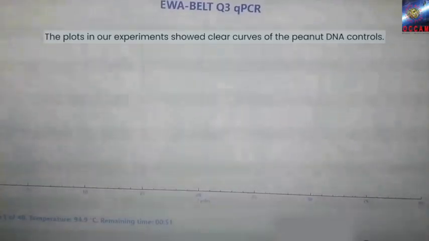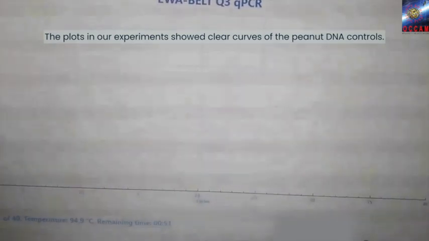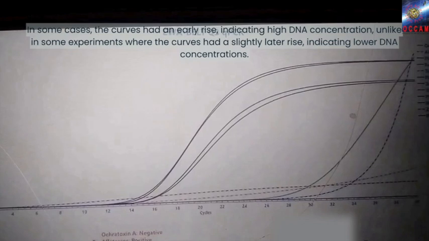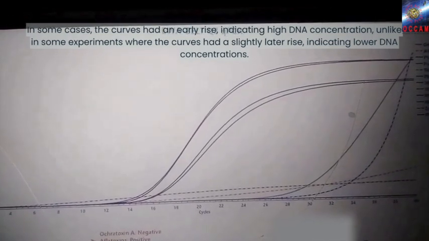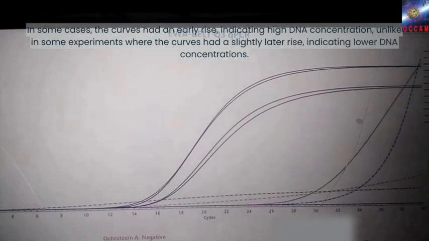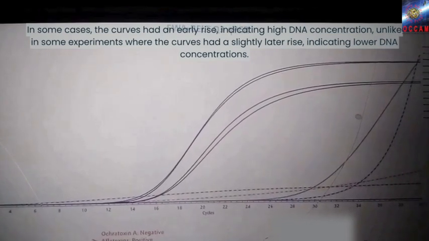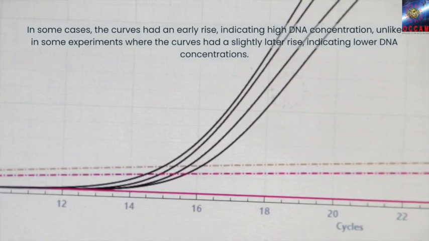The plots in our experiments showed clear curves of the peanut DNA controls. In some cases, the curves had an early rise, indicating high DNA concentrations, unlike in some experiments where the curves had a slightly later rise, indicating lower DNA concentrations.